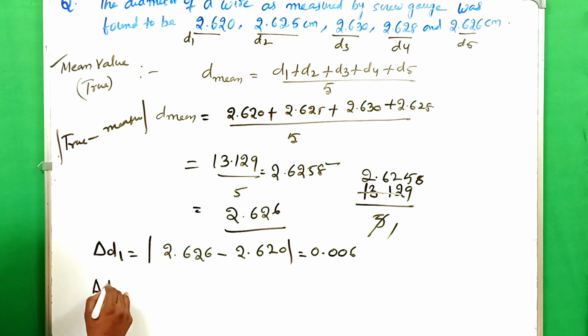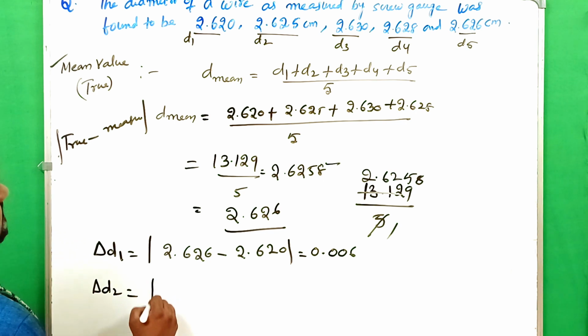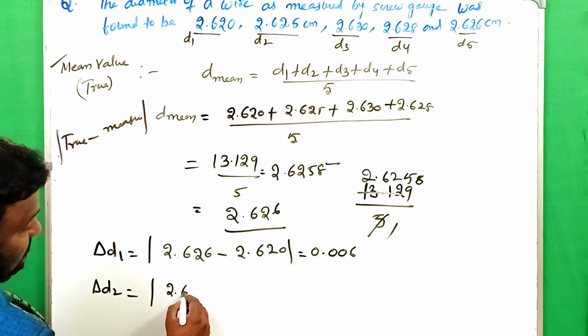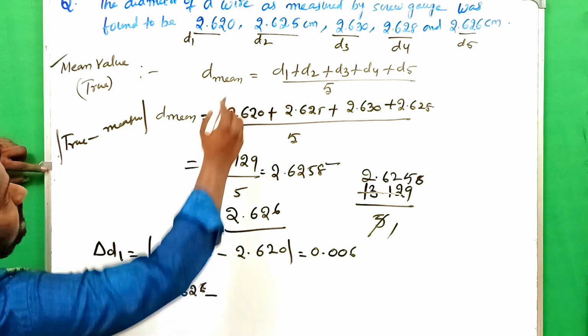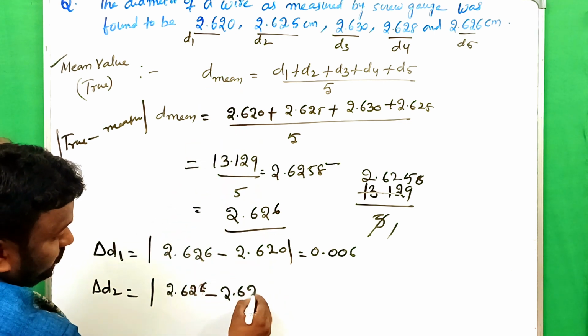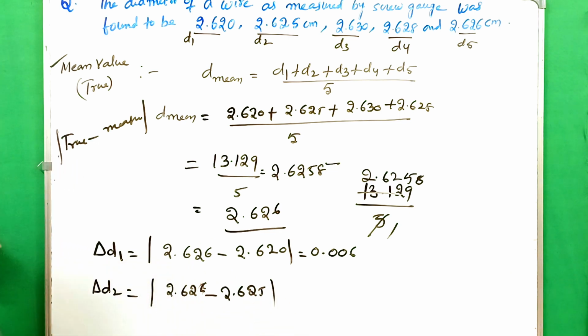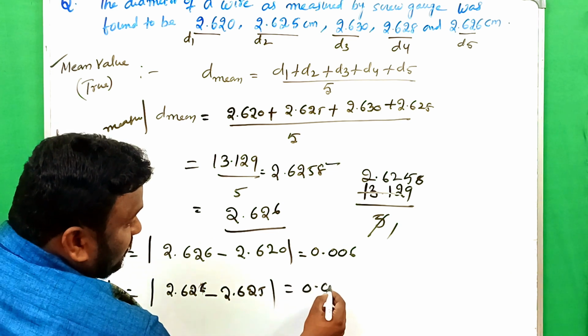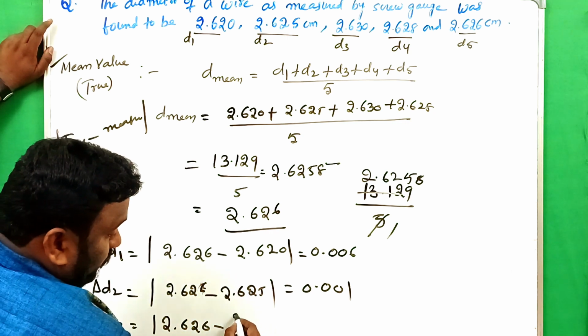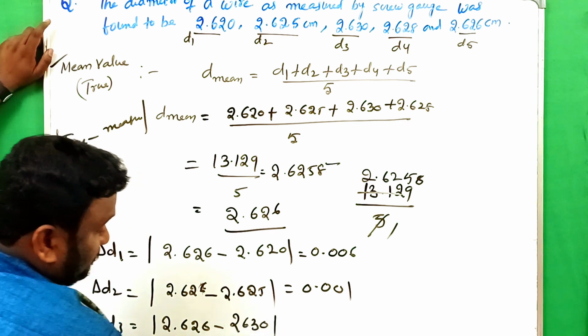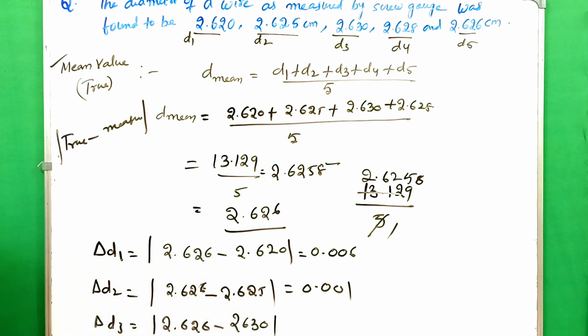And similarly, delta d2, what is it? 2.626 minus 2.625. Clear? That is equal to 0.001. And delta d3, what is that? Mod of 2.626 minus the third value, 2.630.